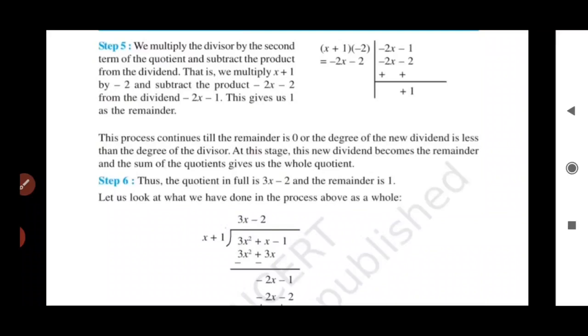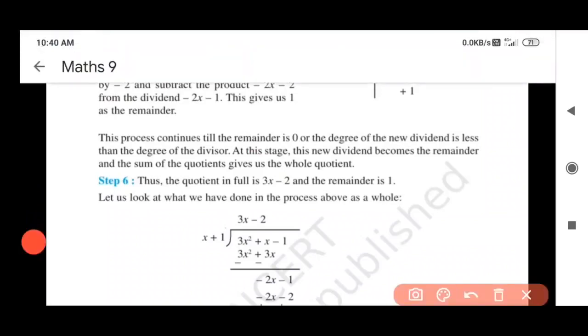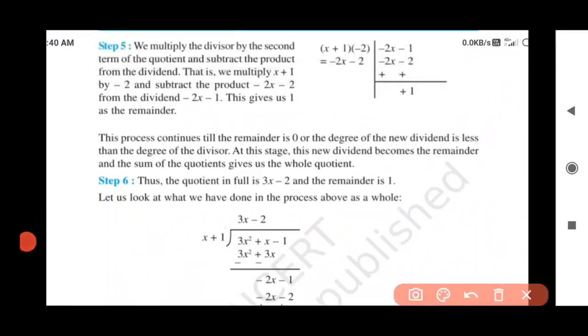Let us look at the process we have done above as a whole. Step number 1, arranging the polynomials in descending order, both dividend and divisor. Step number 2, the first term of the dividend is divided by the first term of the divisor, so you get the first quotient 3x.